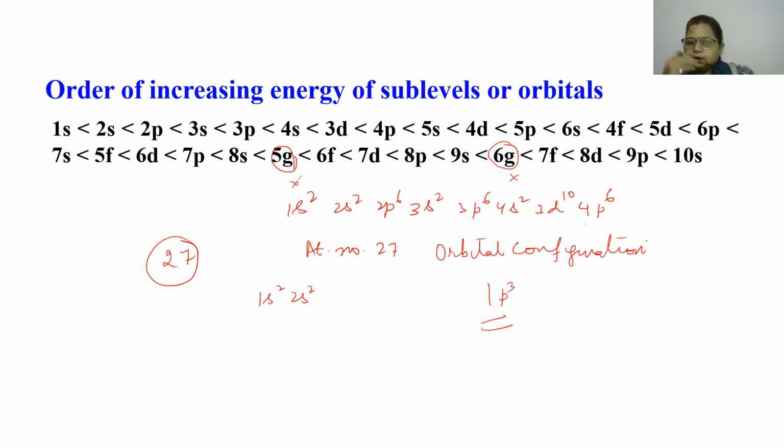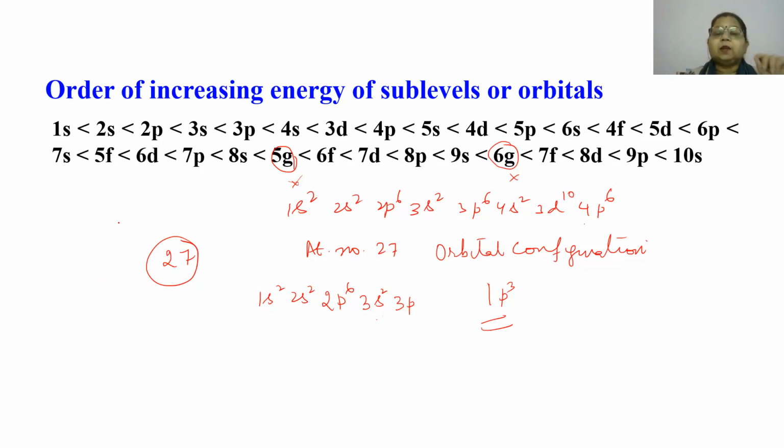1s2, 2s2, 2p6, 3s2. After that, what do you say? See, the order is on the screen.